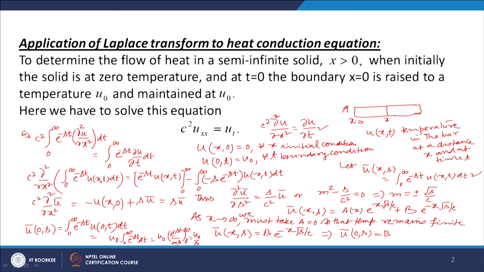So we get b equal to u naught by s, and hence u bar x s is equal to u naught by s into e to the power minus x root s divided by c. Okay. So we get this.